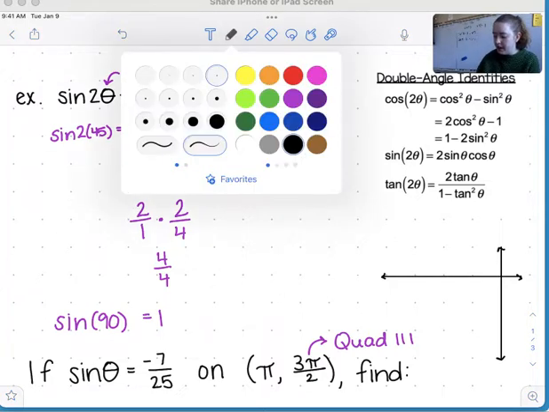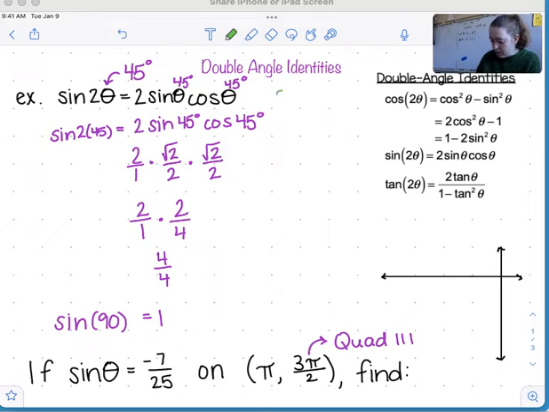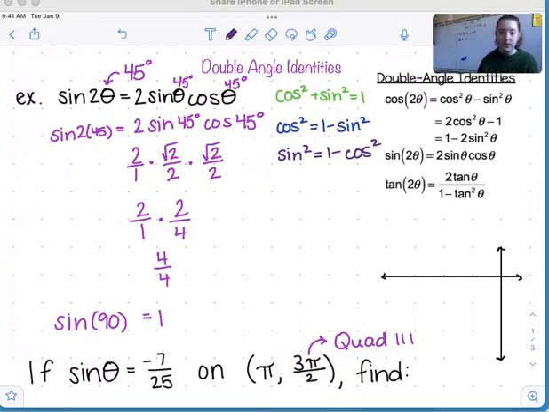So first of all, we know that cosine squared plus sine squared equals 1. So then we know that cosine squared is equal to 1 minus sine squared, and that sine squared is equal to 1 minus cosine squared.